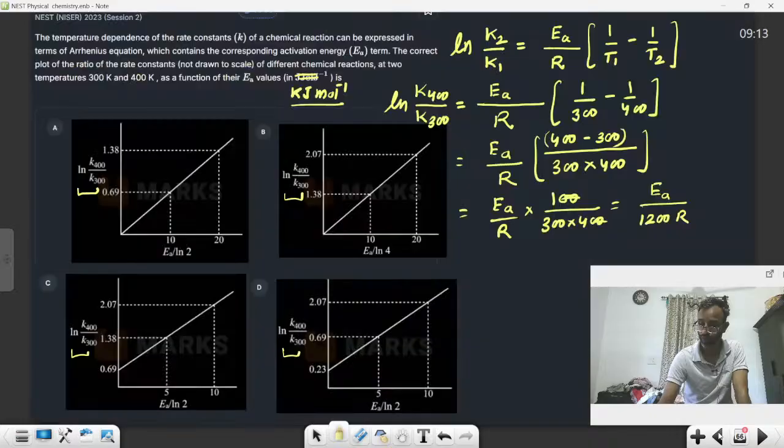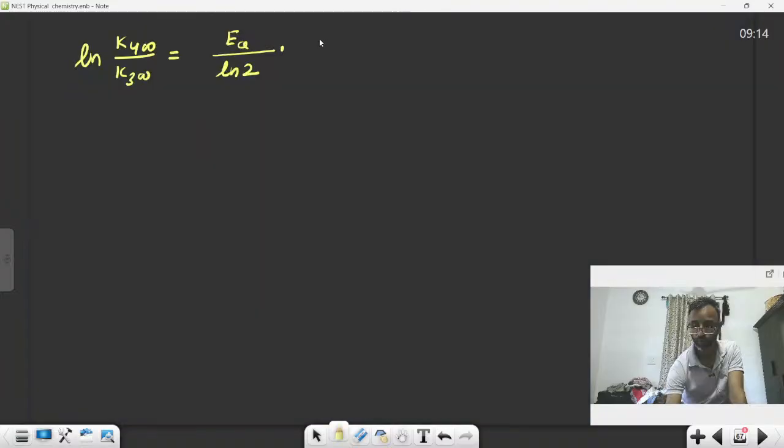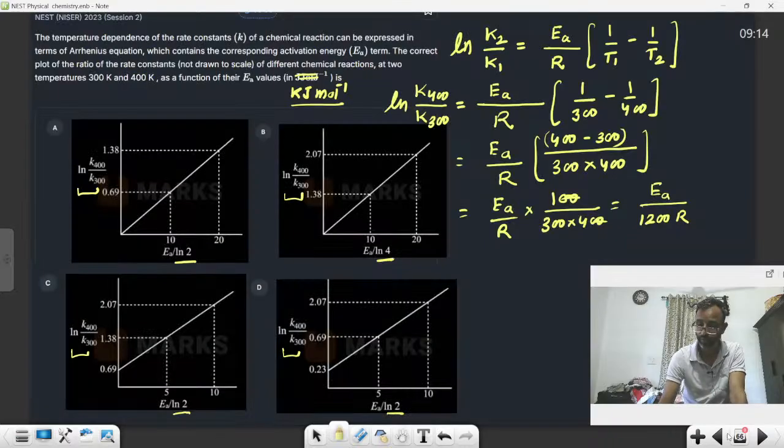You have to write natural log of 2 or natural log of 4, but in these cases it is natural log of 2, so let it be natural log of 2 first. So if we write natural log of 2, we have to multiply it by natural log of 2, and what is left? 1200 into R.